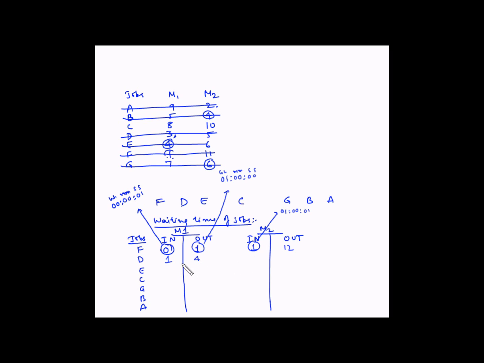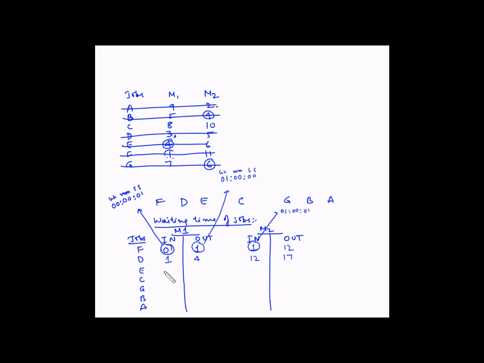Now while D is finished processing on machine M1 at 4, M2 is still busy processing job F. So once job F is finished at the 12th hour, then it can process job D. So in time is 12, and it has been given that D takes 5 hours on machine M2, so the out time is 12 plus 5, that is 17.